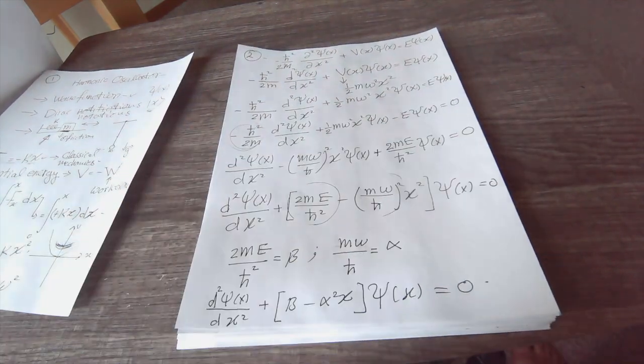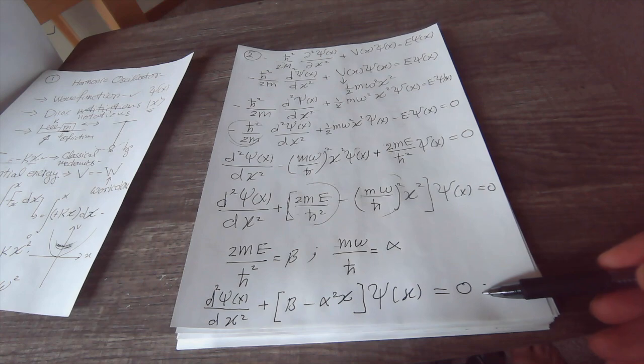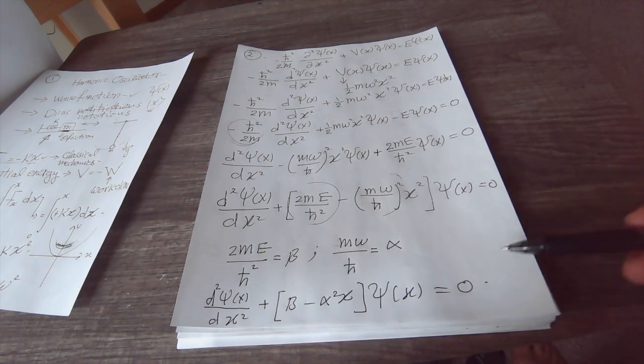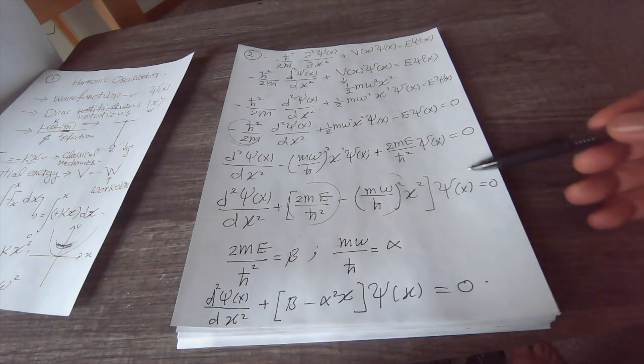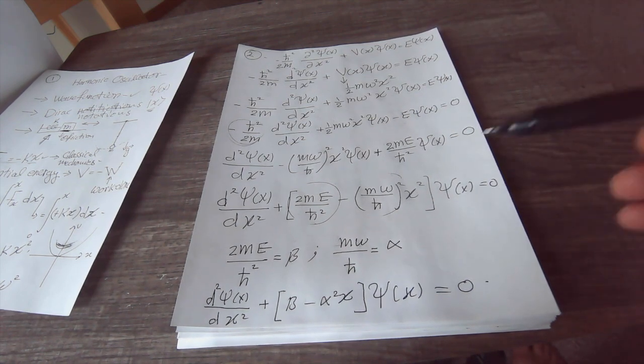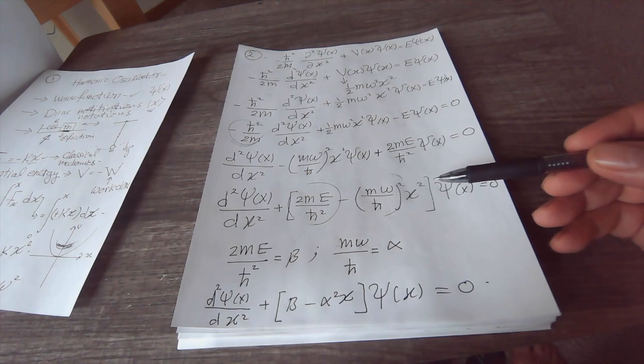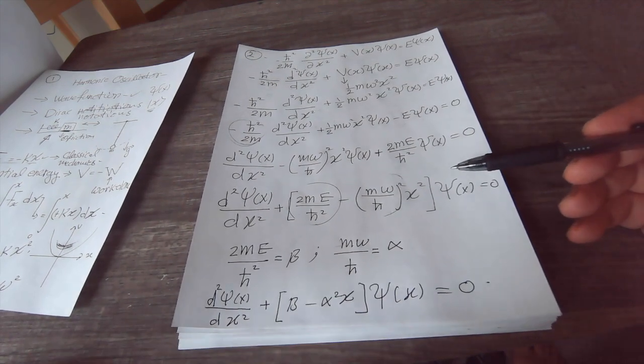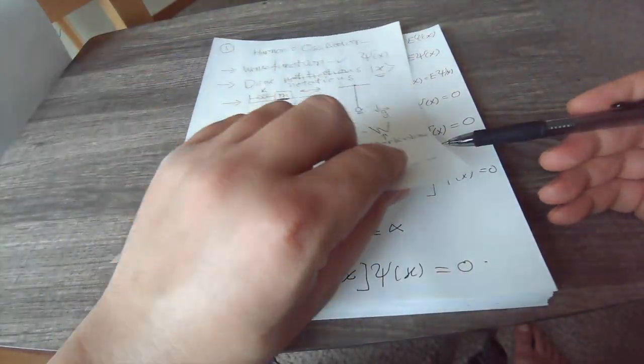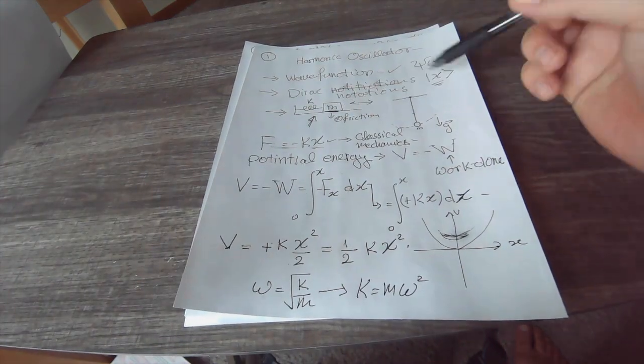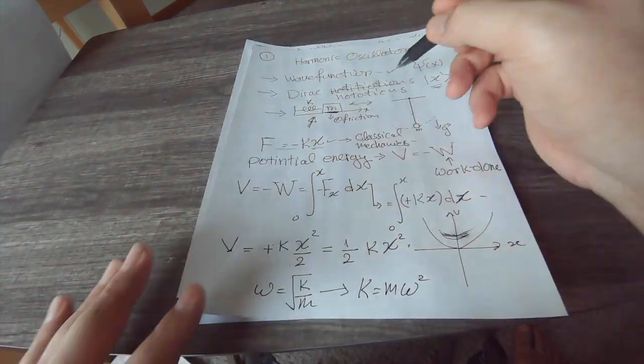So this is the simplest way, guys, to solve the harmonic oscillator. And by the way, here I'm solving this problem just in one dimension along the x-axis. So we have this oscillator right here oscillating along the x-axis.